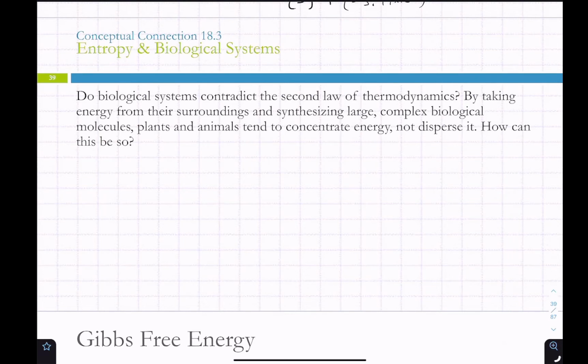How is it that we're able to create larger and larger molecules that are more and more energy dense? Do you remember heat tax? Really, every step of creating these larger and larger molecules requires a source of energy from something else.